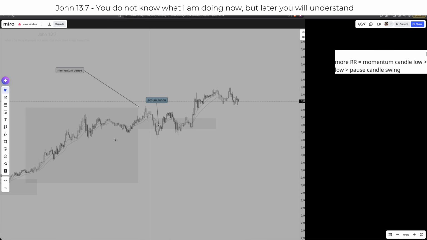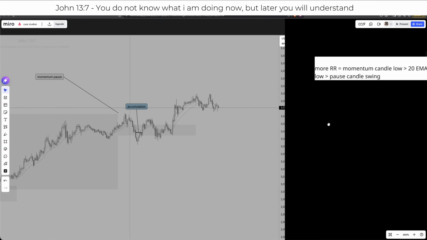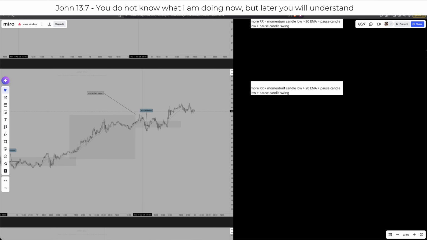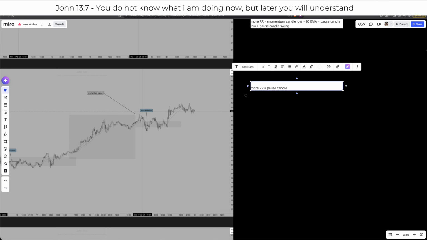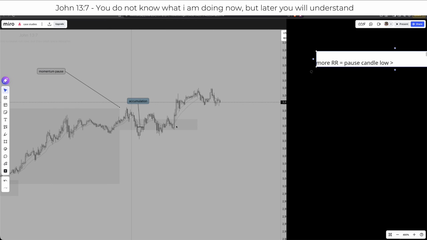So here we have obviously a clear move up, nice moves down. The pause candle and the momentum. The pause candle gives me the most. There's not really a momentum candle besides this one right here. So the more RR gives me the pause candle low, then it would be the swing.